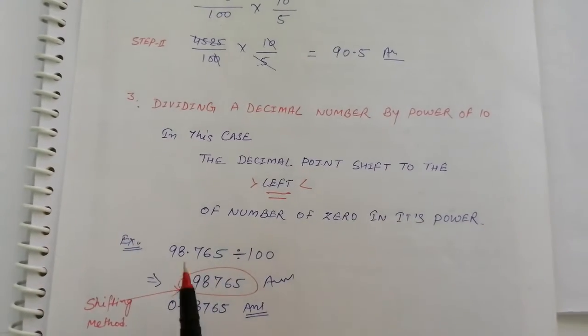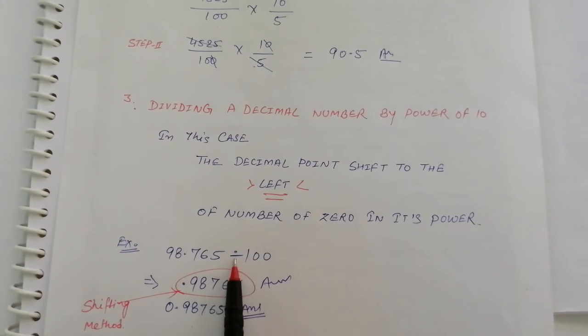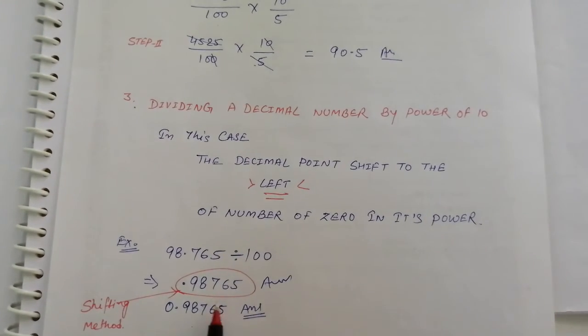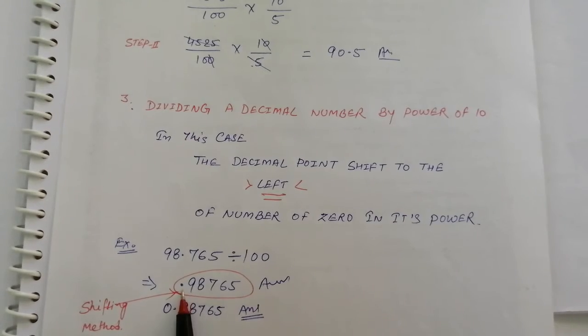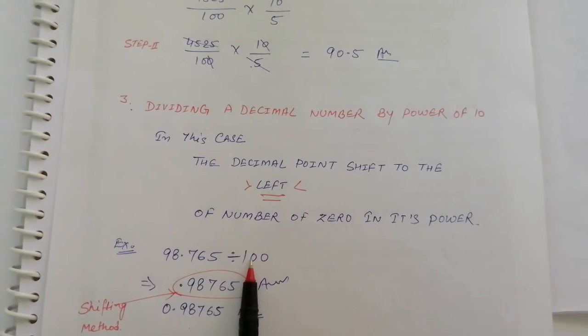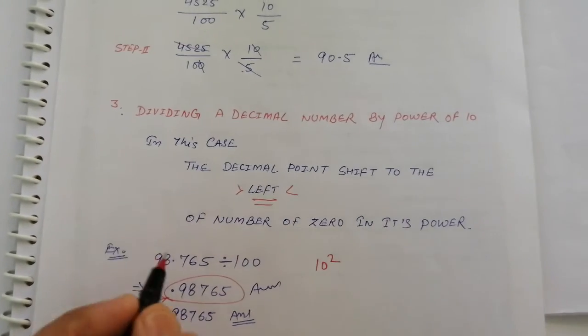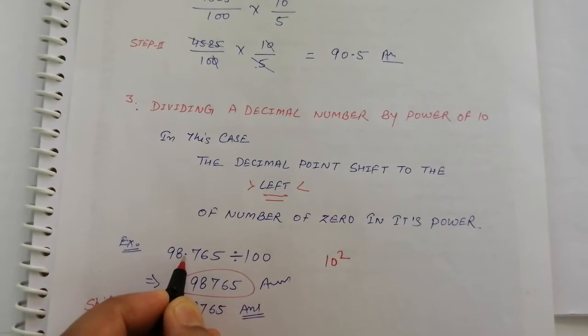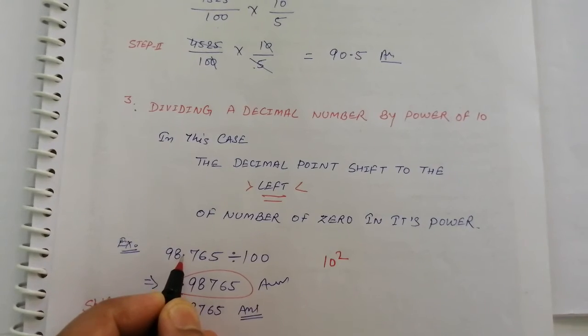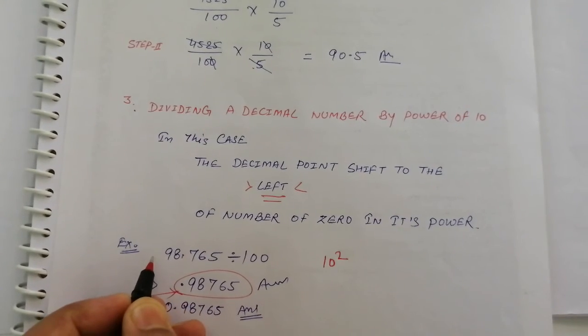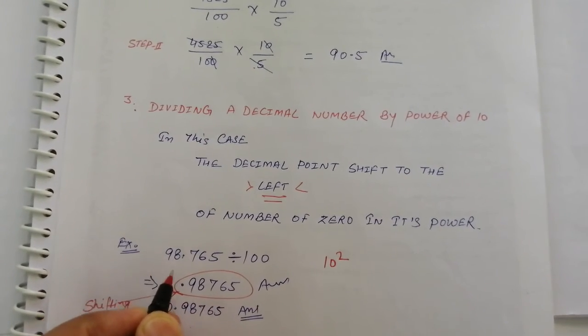Example: 98.765 divided by 100. Here the power of 10 is 2, so the decimal point is moved to the left side.